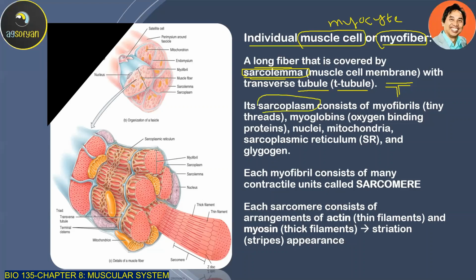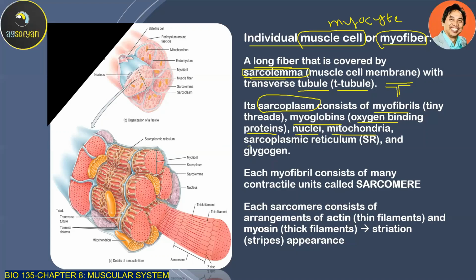It's called the sarcoplasm. It's not cytoplasm, but sarcoplasm, that consists of many myofibrils, which are the myosin and the actin. There is also myoglobin, an oxygen-binding protein, so oxygen will also be carried by this myoglobin inside the muscle cell. Of course, the nucleus; if it is skeletal muscle, it will have more than one nucleus.